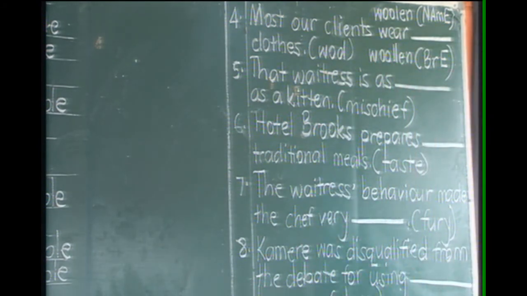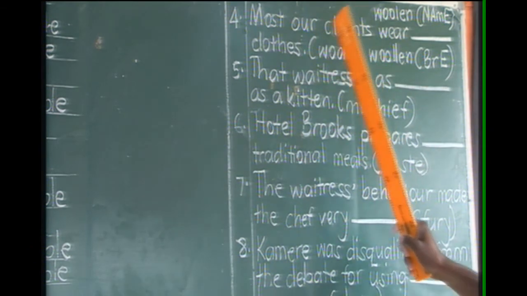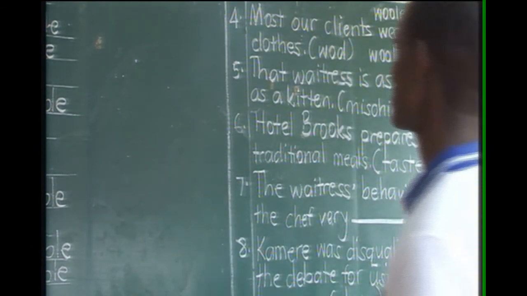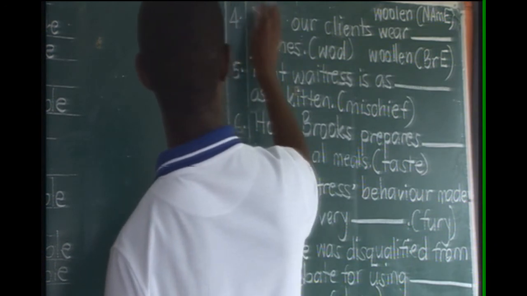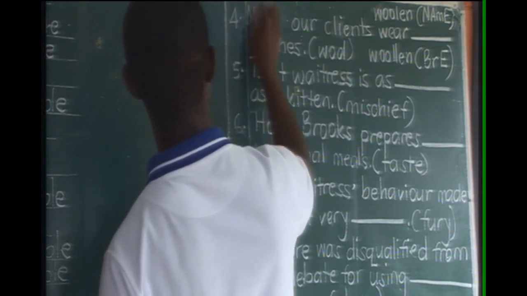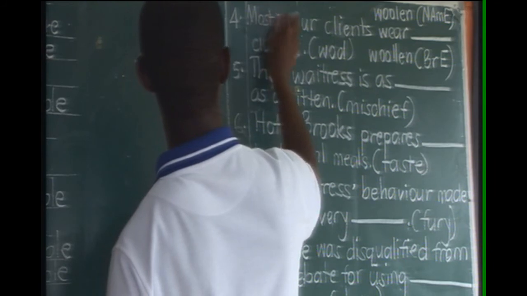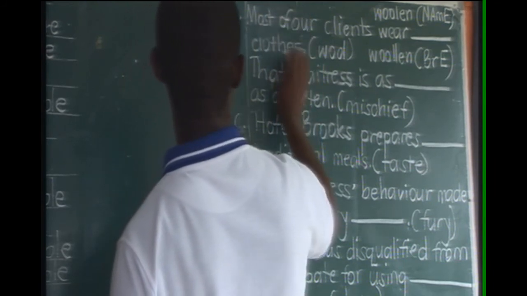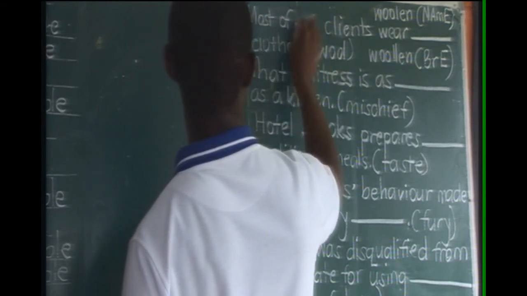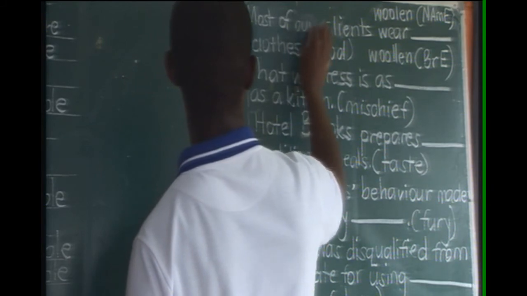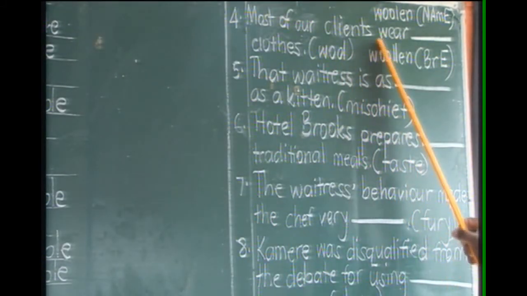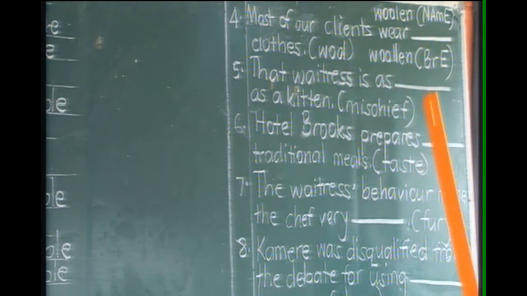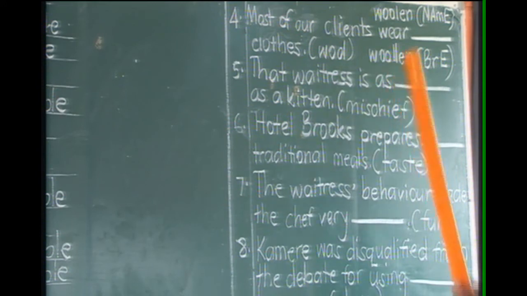So our answer is most, sorry, there's a slight error here. You will follow me and we change it. Most of our clients, sorry for that. Most of our clients wear dash clothes. Brackets, we have wool. And our answer is either this one or this one.